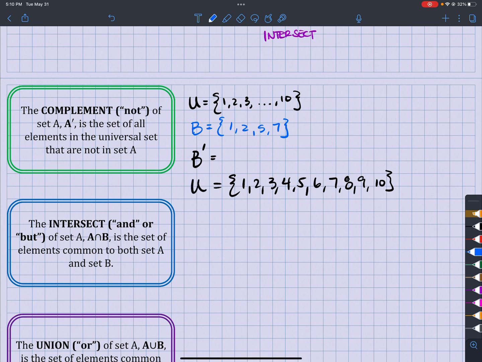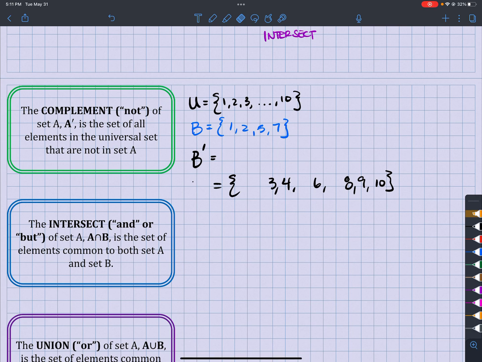So what I want to do is, okay, B has a 1, so let me get rid of the 1, it has a 2, so I'm going to get rid of the 2, it has a 5, so I want to get rid of the 5, it has a 7, so I want to get rid of the 7. Okay? So, in other words, the 1, I got rid of the 1. The 2, I got rid of the 2. The 5, I got rid of the 5. The 7, I got rid of the 7.